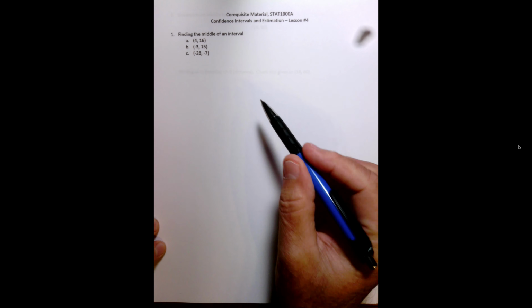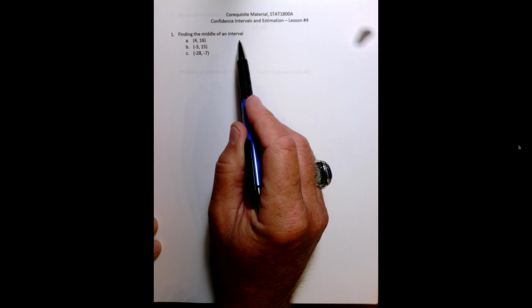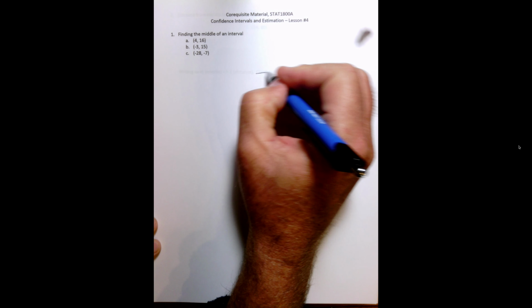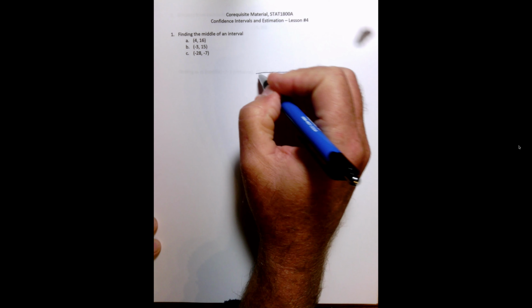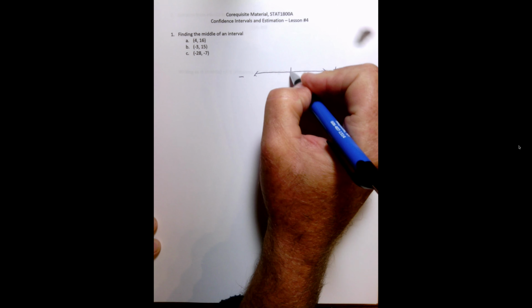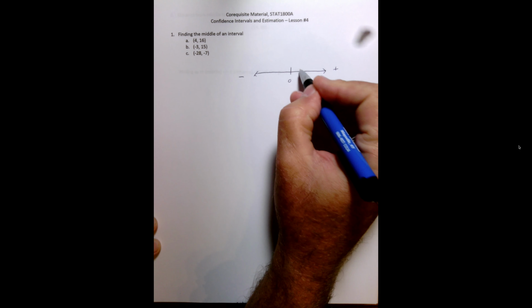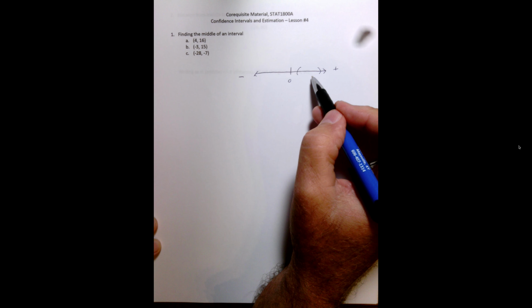Now, one of the things that we do in confidence intervals is we need to be able to find the middle of an interval. So let's think about what an interval actually is. On the number line, remember we have the positive numbers over to the right and the negative numbers to the left, with 0 in the center. An interval is literally a part of the number line.